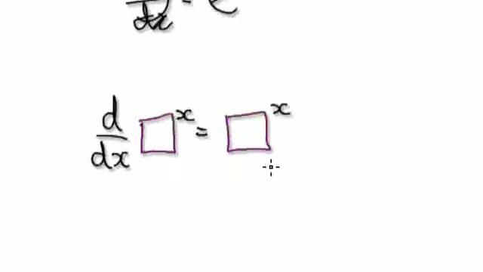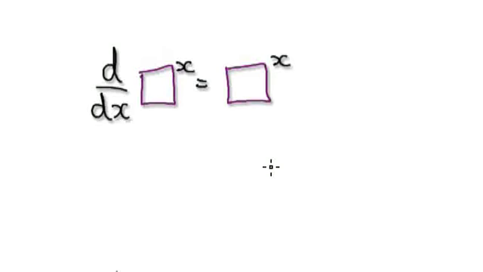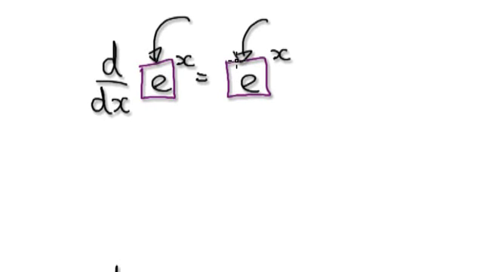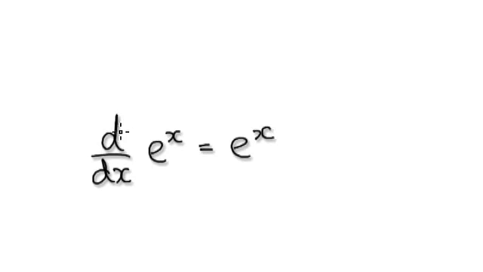So that means you're searching for a base here where when you differentiate it, it will be itself. This is actually quite important. You are searching for a base here. When you differentiate it, it will give you itself. So this here is very important.